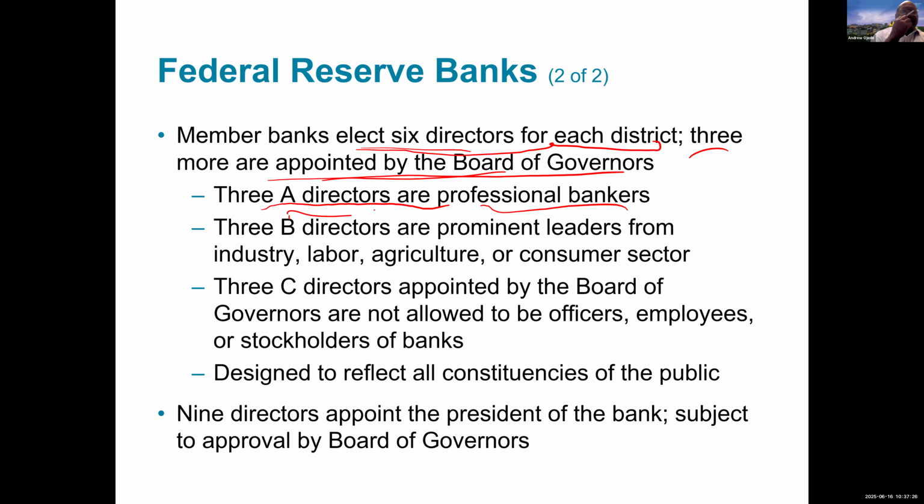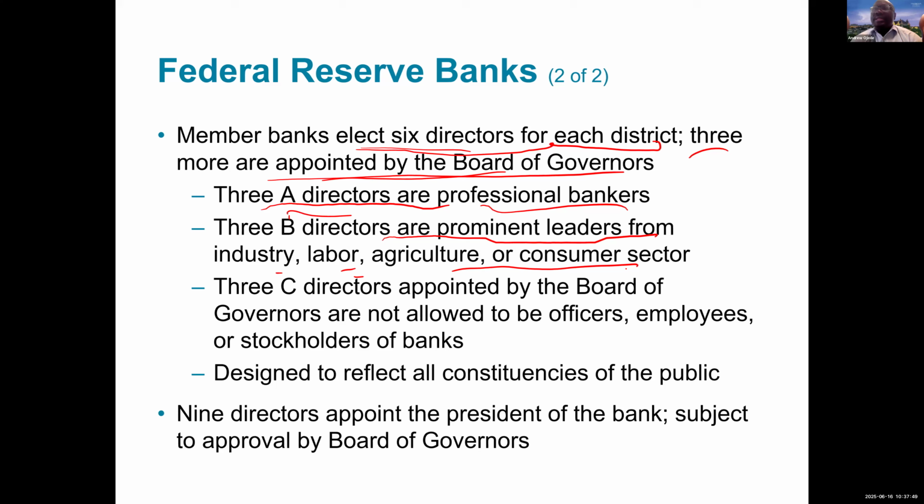Okay, so professional bankers. And then class 3B directors are prominent leaders from industry, like labor, agriculture, or the consumer sector. Let me digest this a little bit. If a district branch is located in a place where there's heavy agricultural activity, like for example Kansas City, there's a lot of farming in Kansas.